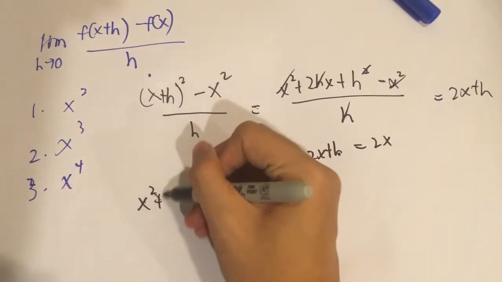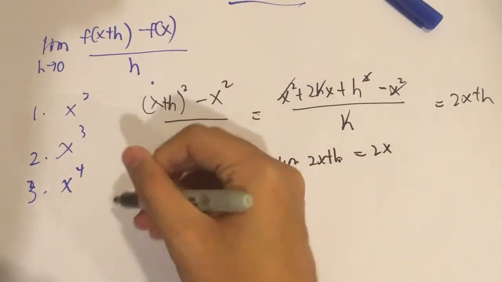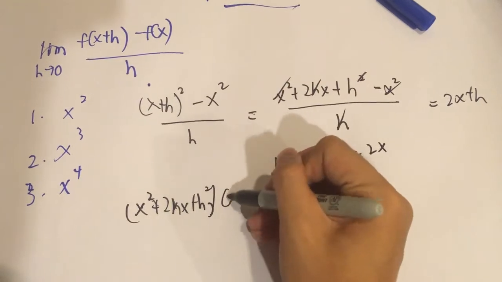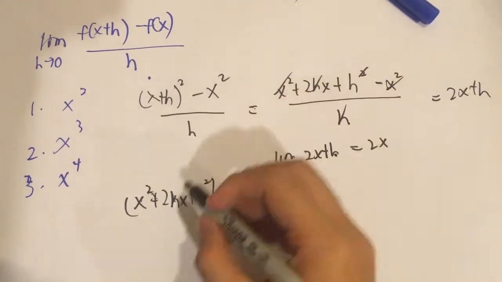And for x cubed, we use the previous one, x squared, and put in x plus h cubed minus x cubed, all over h.